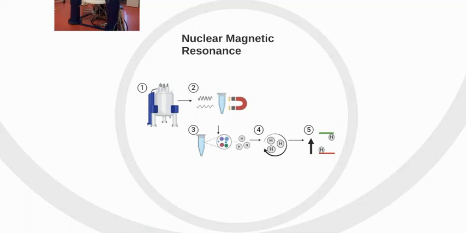When resonance occurs, energy is absorbed by the nuclei, going from lower to higher energy states, inducing a voltage detected by the spectrometer. This is ultimately transformed into the NMR spectra output we receive for each sample, which you will see on the next screen.